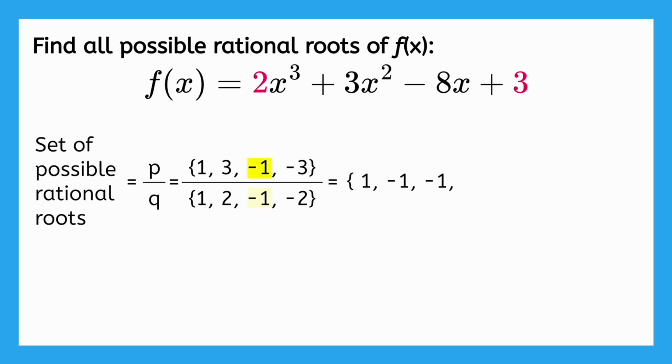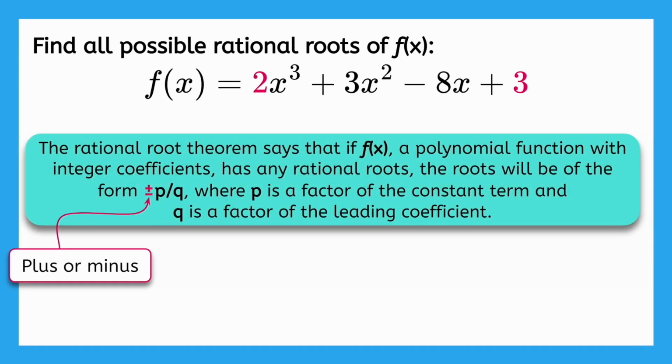Okay, hold on. This is going to create a lot of duplicates. Is there something from the theorem I'm missing? That's right. The theorem tells us that the possible rational roots will be plus or minus p over q. So I don't need to list my positive values and negative values separately.